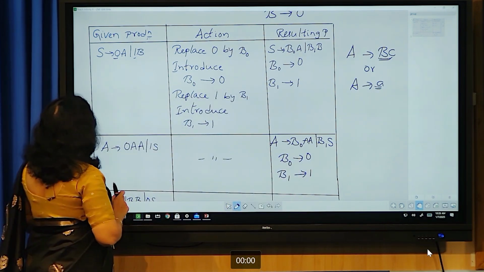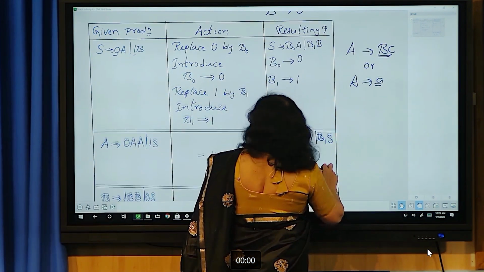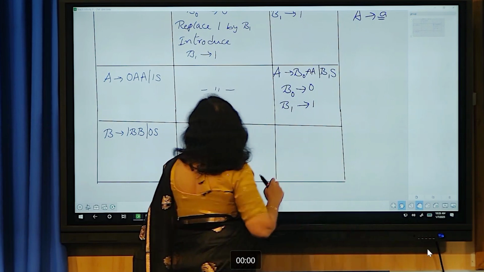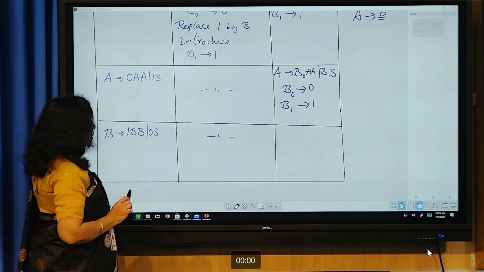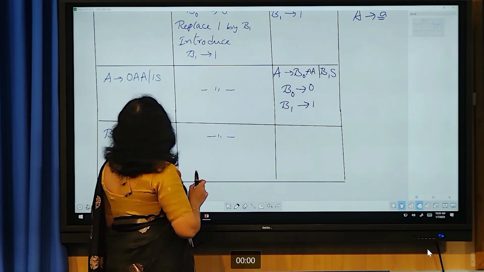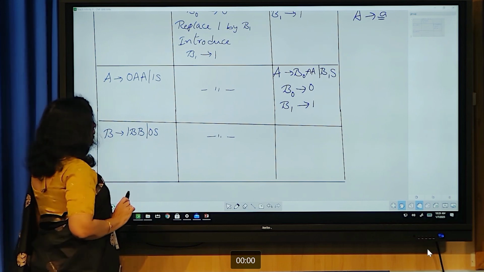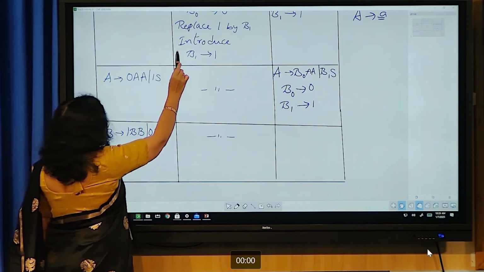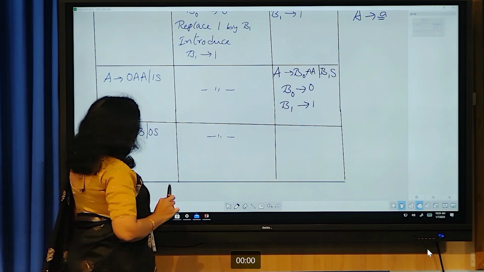Now I have taken the next production. Let us consider the next production. B produces 1BB or 0S. So we do the same replacements. Replace 1 by B1, replace 0 by B0, introduce B0 produces 0, B1 produces 1.